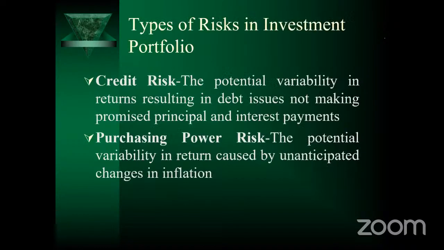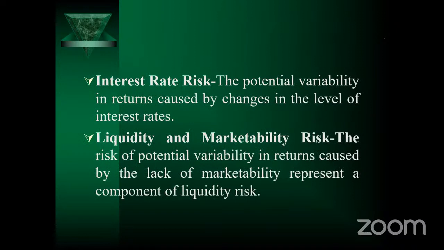Please remember, whether it may be credit risk, purchasing power risk, interest rate risk, liquidity and marketability risk, all are coming under systematic as well as unsystematic risk. Yes or no?